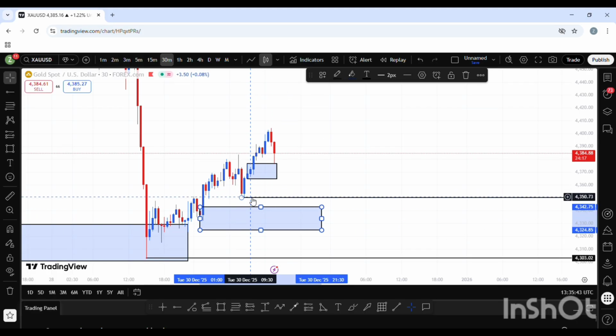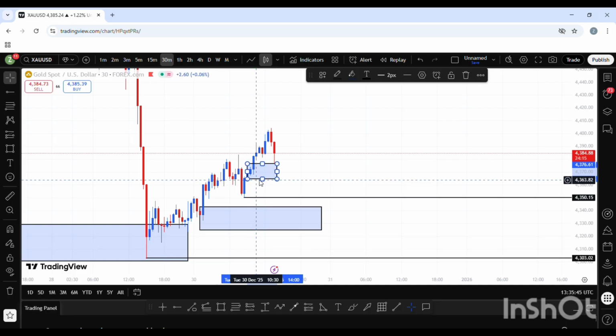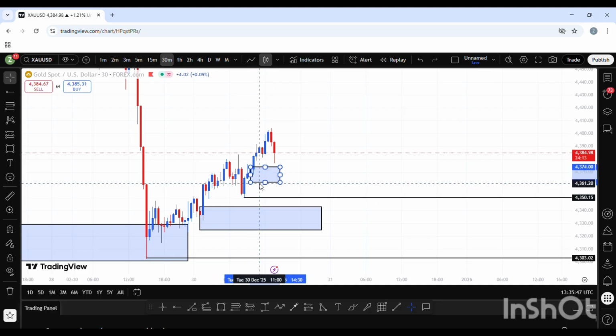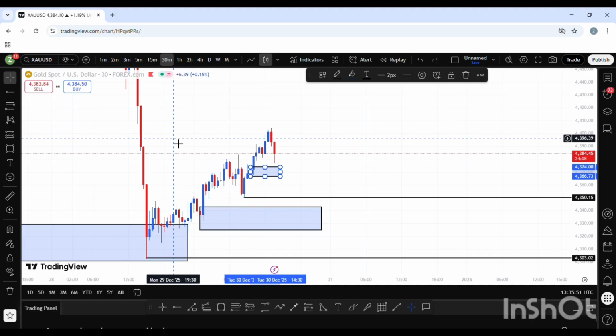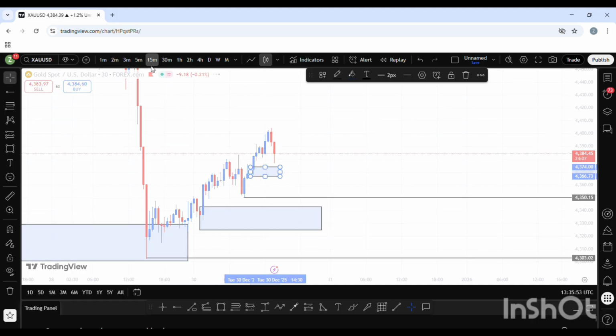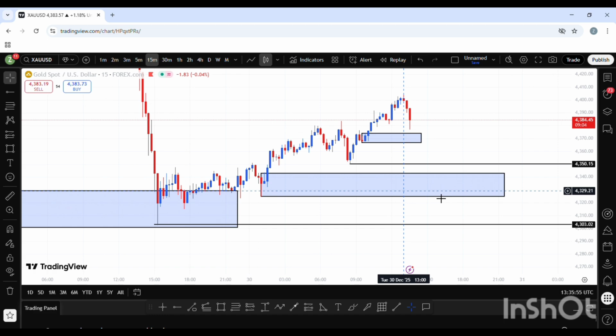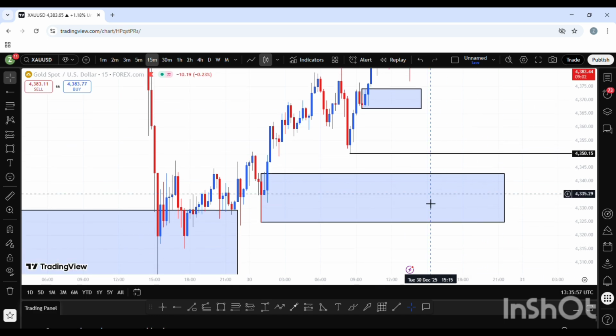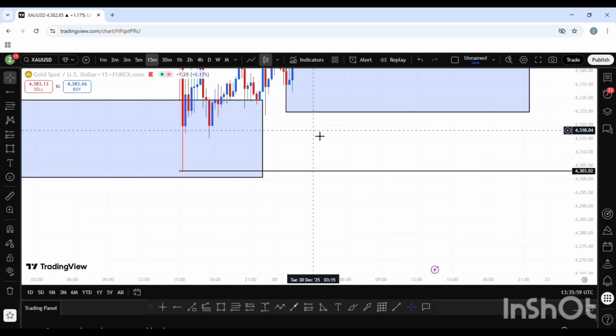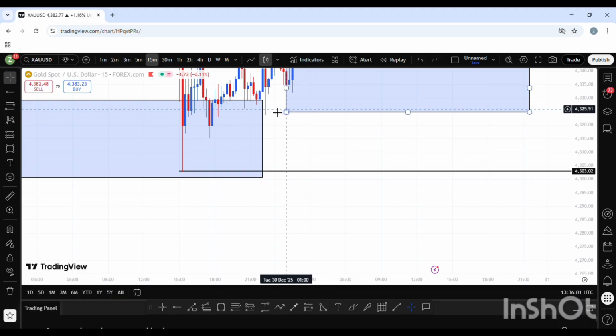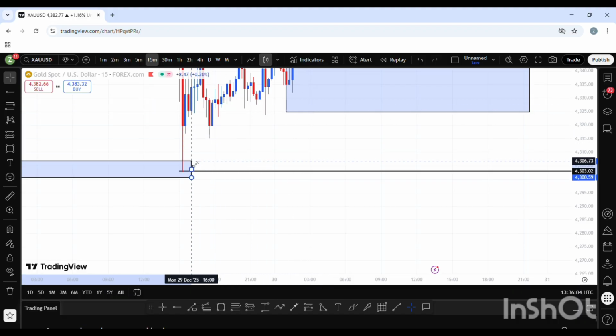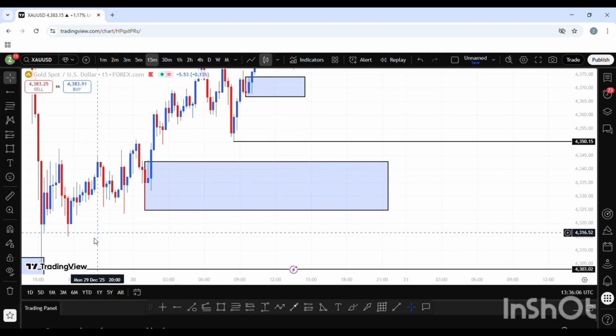Still adjusting our order blocks. Remember, price has all this space as a stop loss.